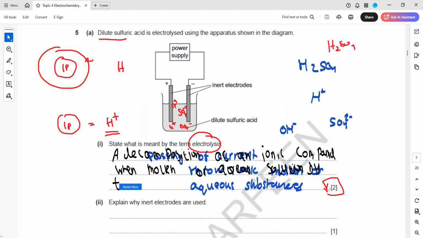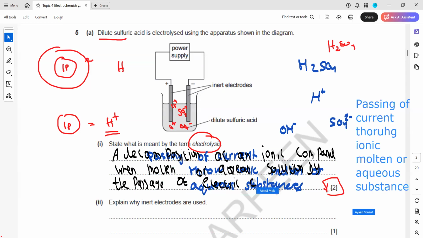Actually, I will show you the marking scheme answer as well. If you write definitions, don't try to write them in your own words. Why should you not? Because there are always key terms used in the definition, which are very important.